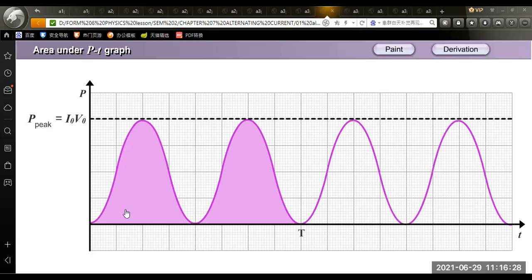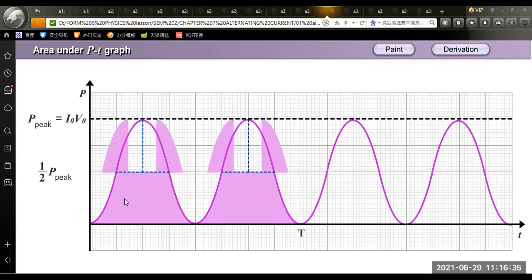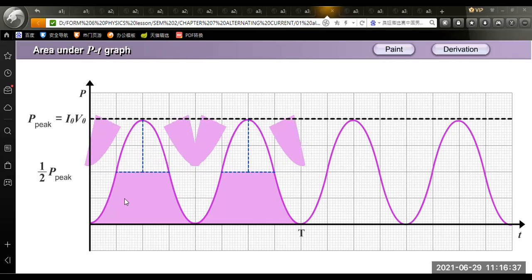Once we shade the area, this shows that this is the IV. But we notice that now there is half of the peak. What does half of the peak mean?